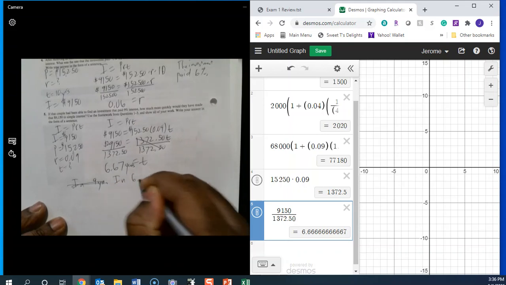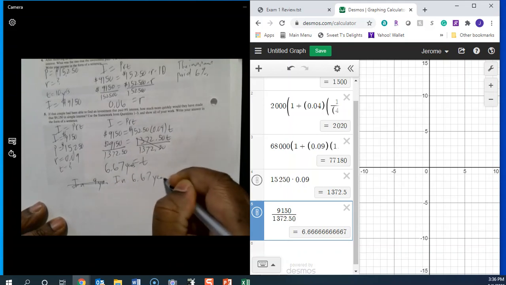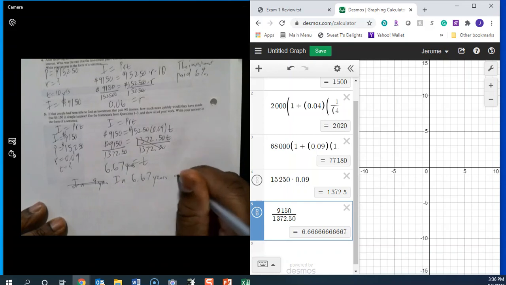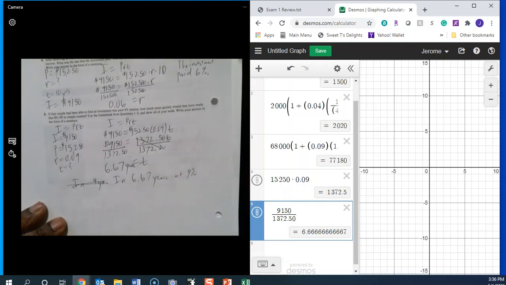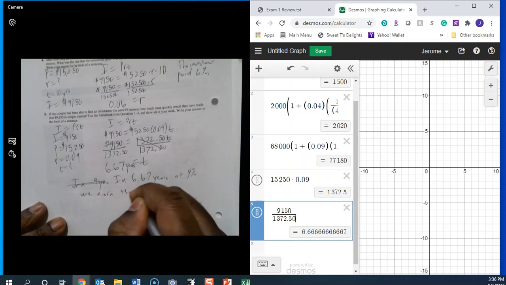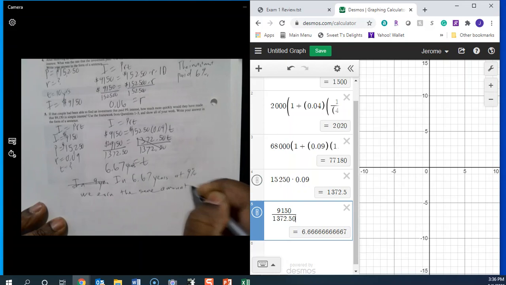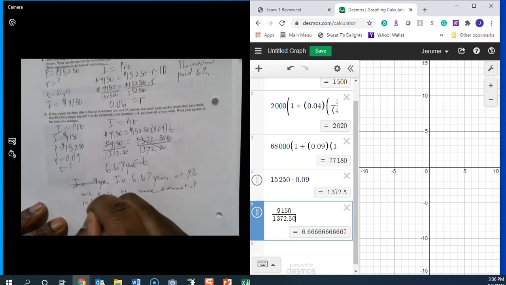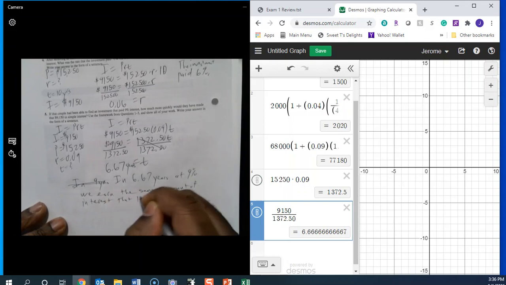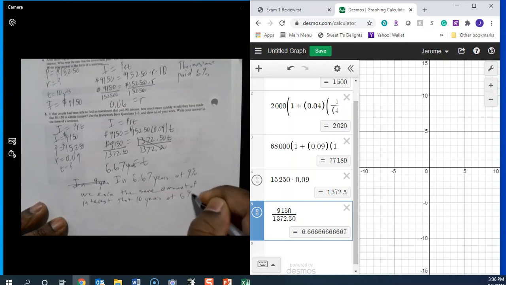In 6.67 years at 9%, we earn the same amount of interest that 10 years at 6% earns.